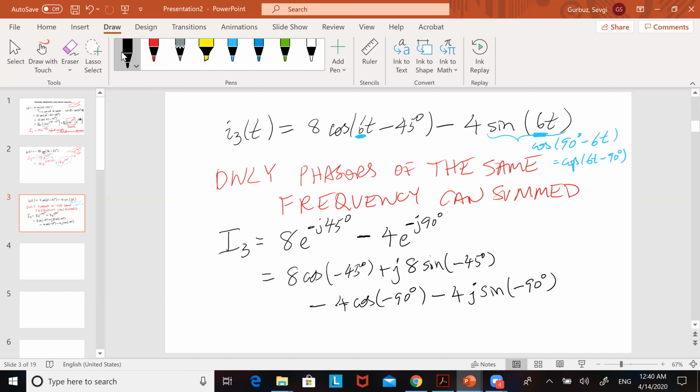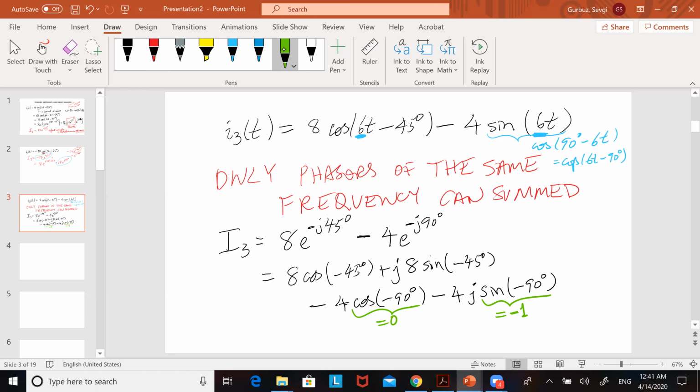Now, the sine and cosine of 90 degrees simplify. So the cosine of minus 90 degrees is the same as the cosine of plus 90 degrees, which is equal to 0, actually. So this is equal to 0. And the sine of minus 90 degrees is just minus 1.